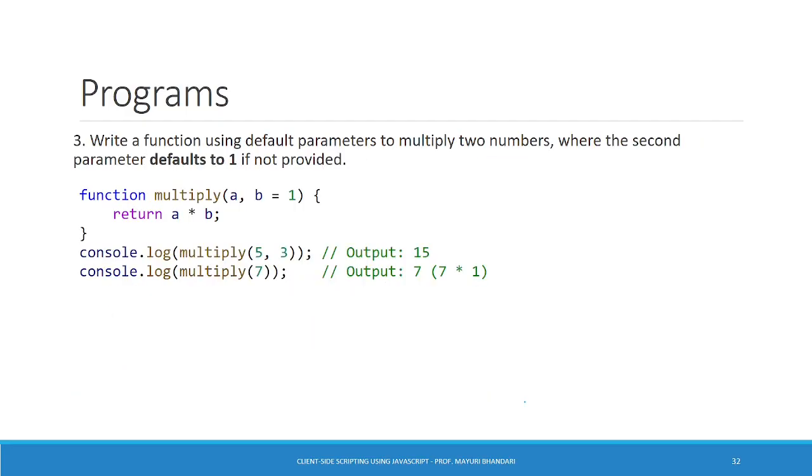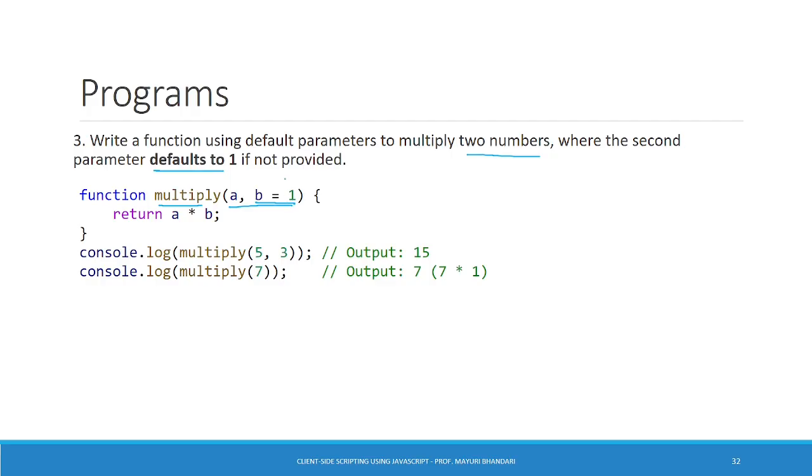Next program is using default parameter. Here we have to define a function to multiply two numbers where second parameter defaults to 1. So we have to define a function multiply with two parameters a and b. Second parameter is having default value 1.